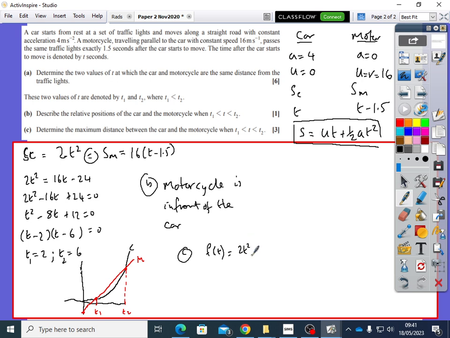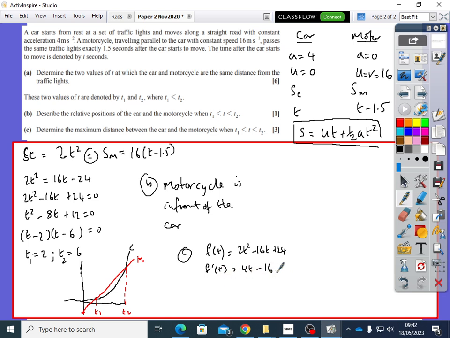and that will be 2t squared minus 16t plus 24. If I differentiate that with respect to t, the power comes down, 4t, and that'll be 16, and I want to know the value of the stationary point.